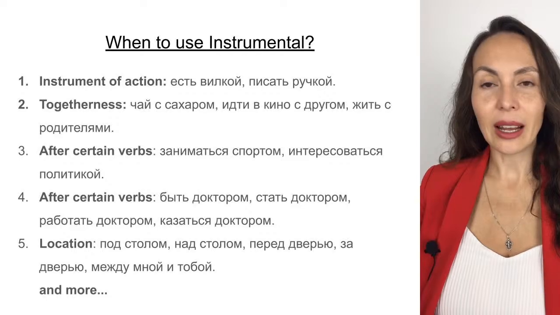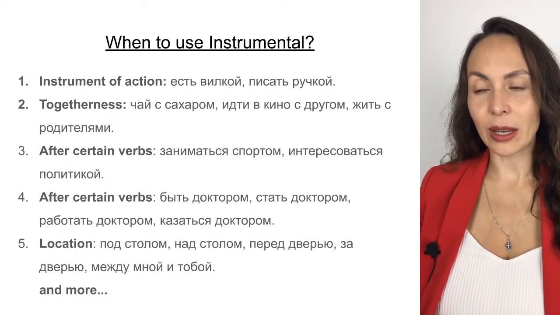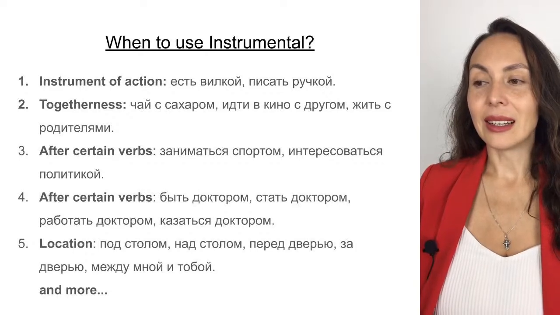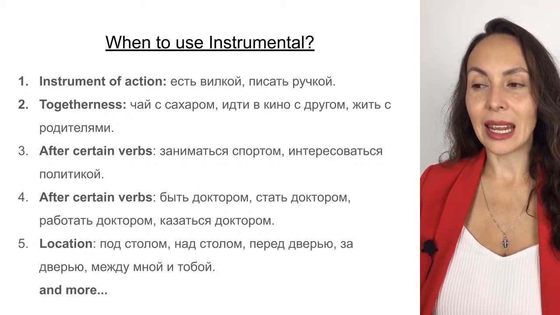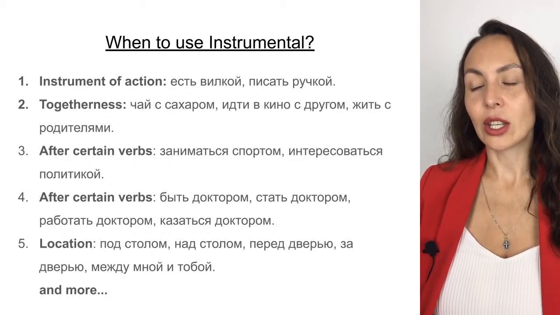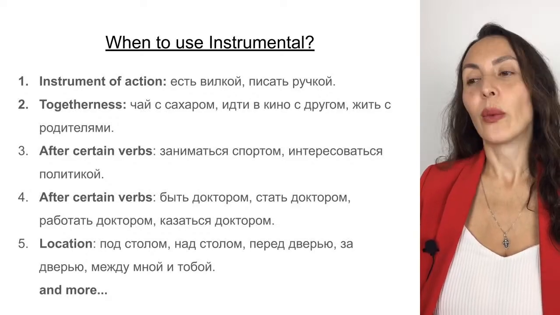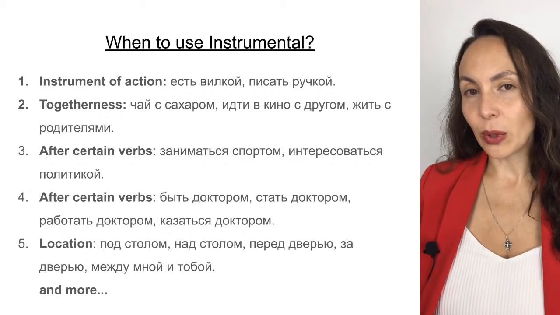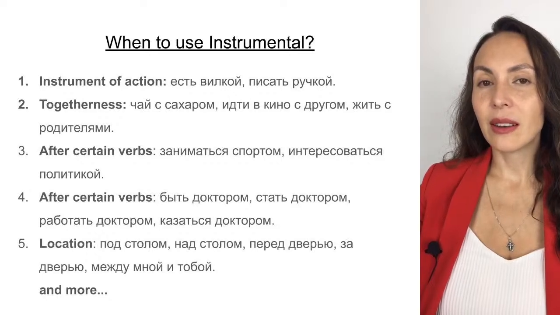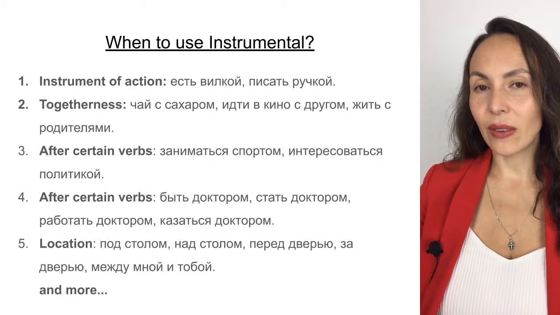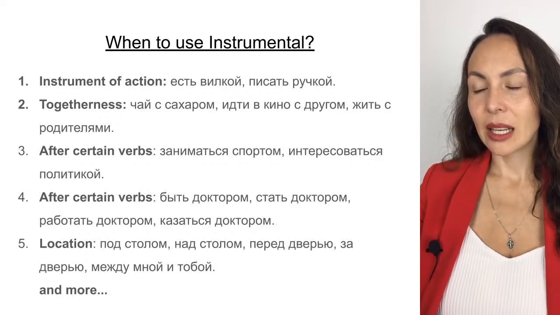When else do we use the instrumental? Well, obviously, the name comes from the word instrument. So, when we use something as an instrument, for example, вилка, fork, есть вилкой.